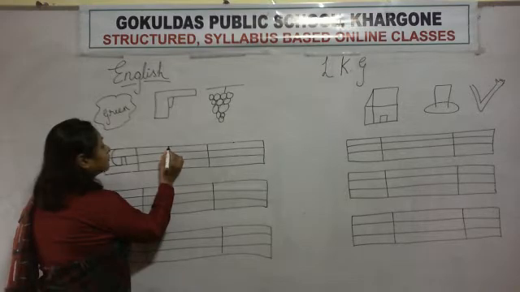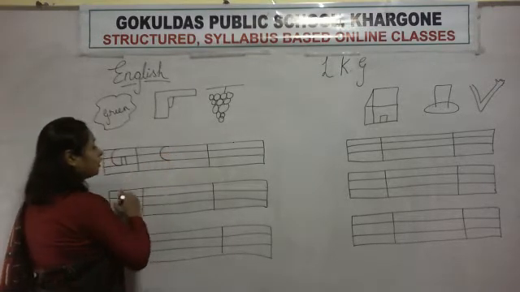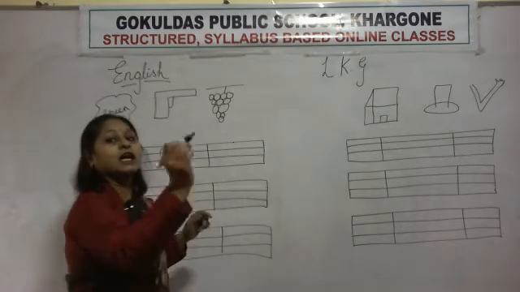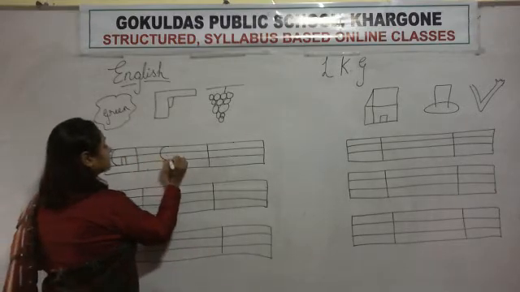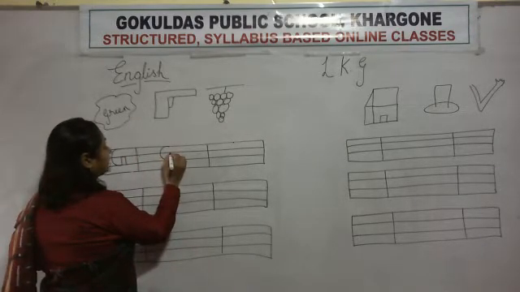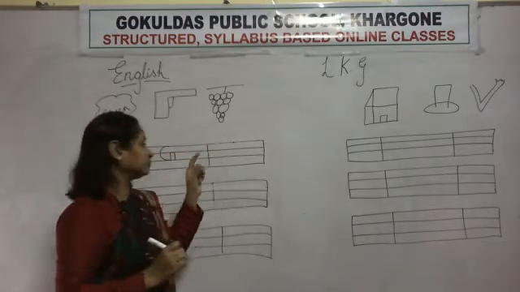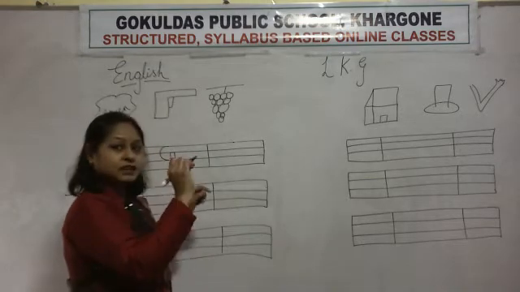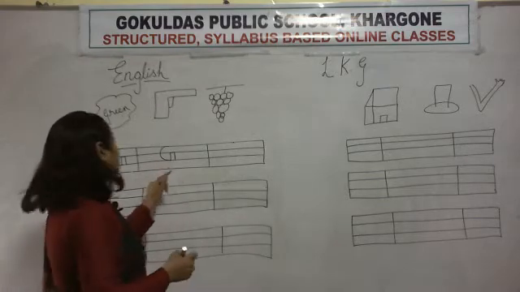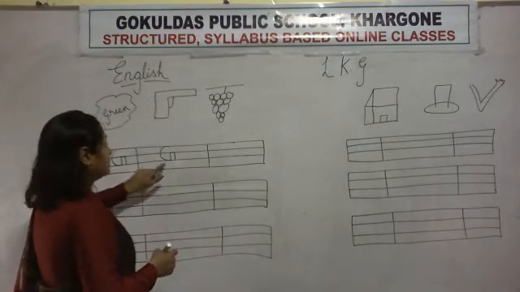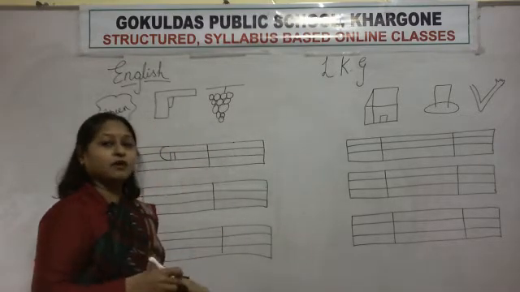You will make a half curve from the upper line to the base line, up till the middle line, sleeping line, then down. G. Which letter is this? G. G for green color, G for gun, G for grapes, G for girl.